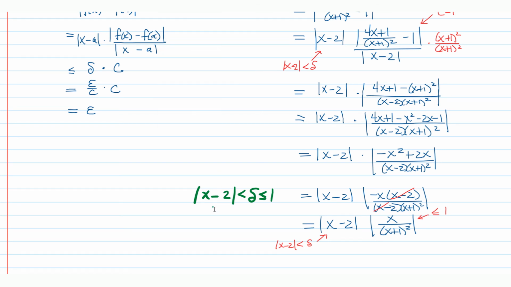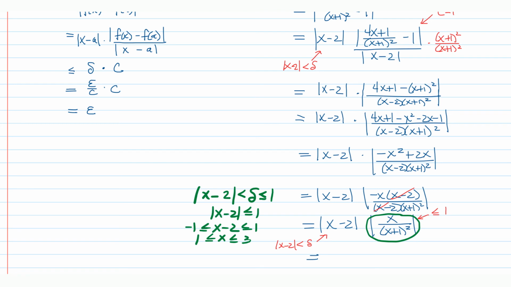If absolute value of x minus 2 is less than or equal to 1, that means that x minus 2 is between negative 1 and 1, which means that x is actually between 1 and 3. And for x values between 1 and 3, this guy is less than or equal to 1.